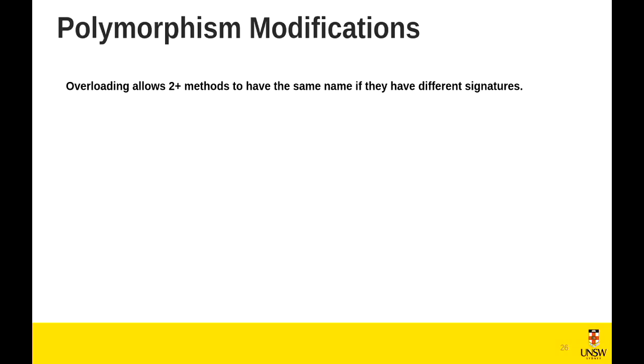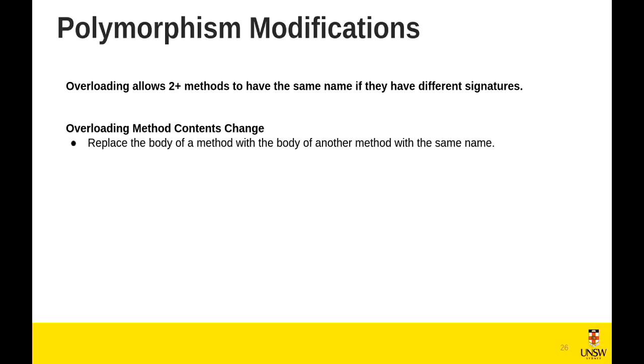This is very useful if a particular feature should accept different types of inputs but have the same effect. So this is very common in Android programming.